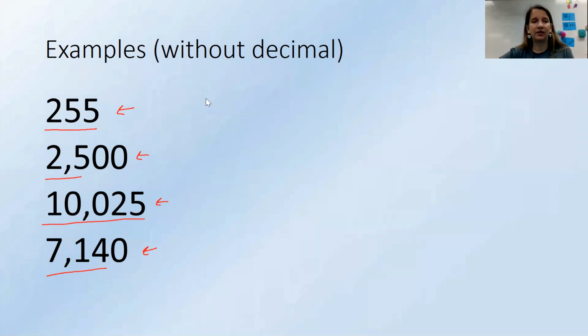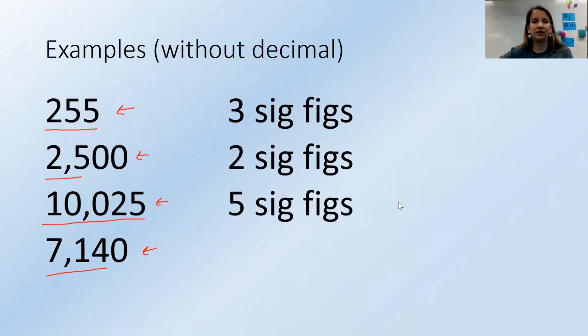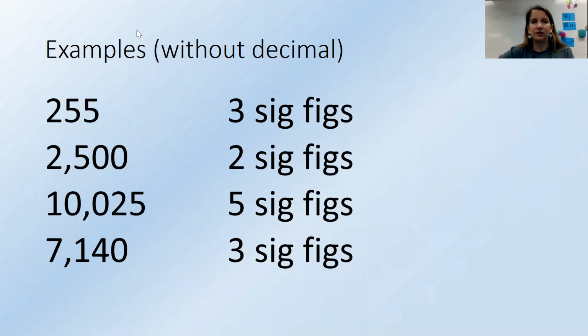So we had 3 sig figs for the first number, 2 for the second, 5 for the third one, and 3 sig figs for that last question. This 0 is just a placeholder. It is not significant.